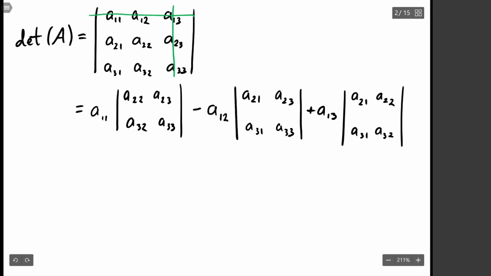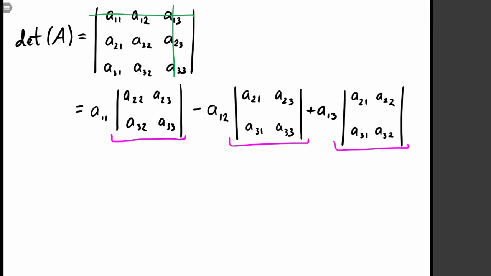All right. So these individual pieces that we have are what we call minors of a matrix. This one is what we'd call the 1-1 minor. It's the minor of A11.